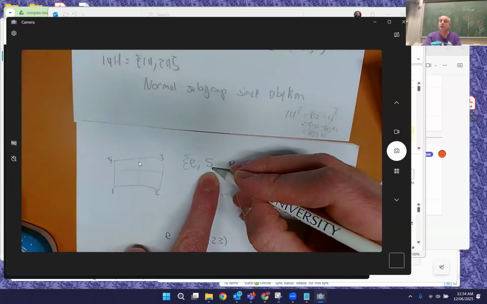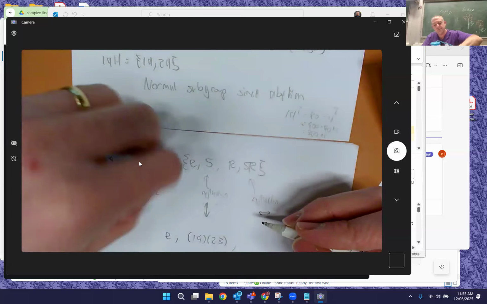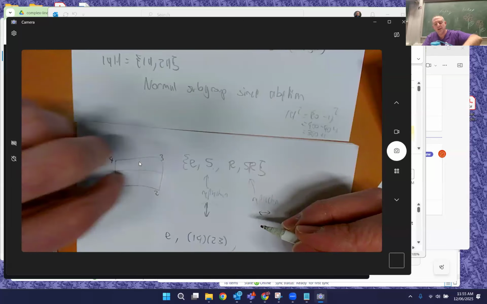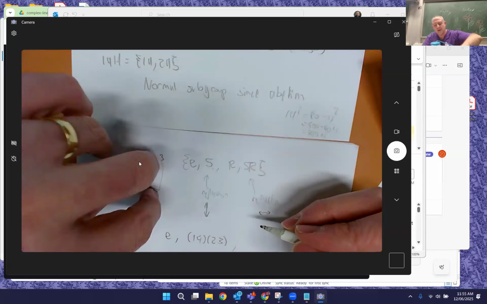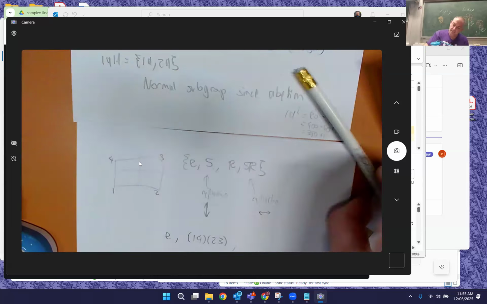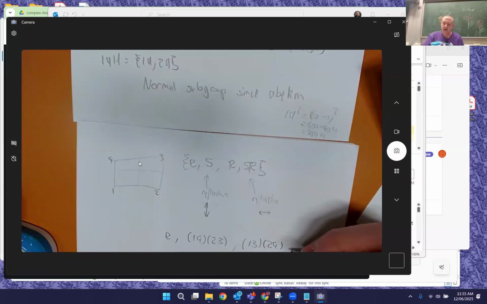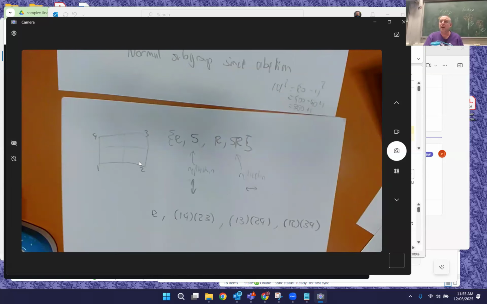That's this one, and then you've got this rotation, and so we do 180-degree rotation, which means that 1 goes to 3 and 2 goes to 4. And then we have the other reflection, which should be 1, 2 and 3, 4, right? That should be this entire group as permutations.